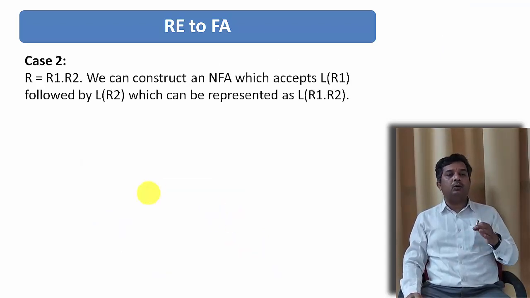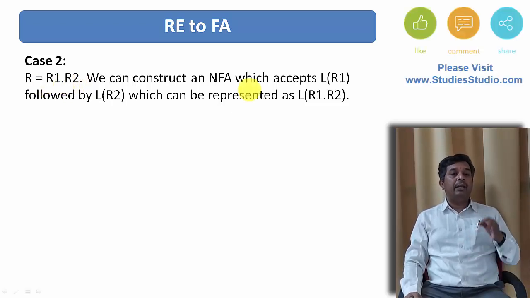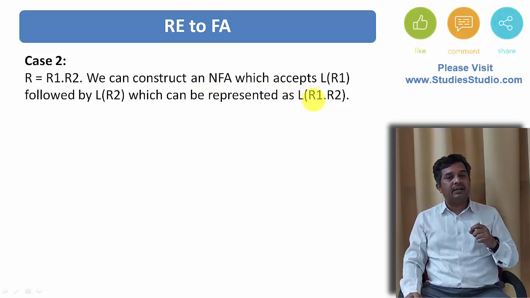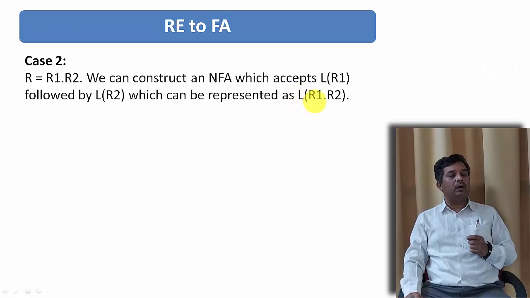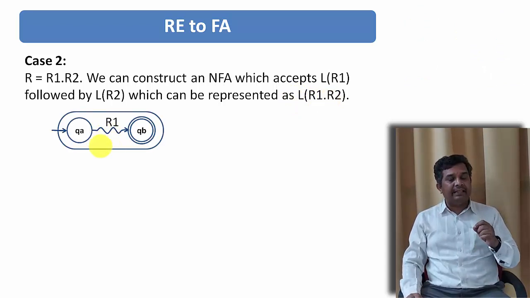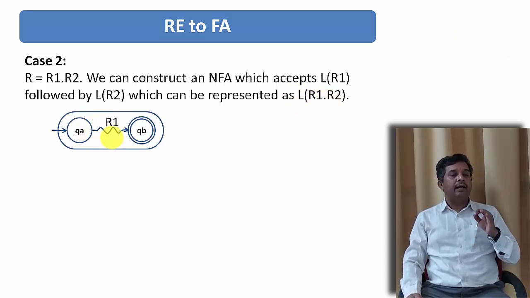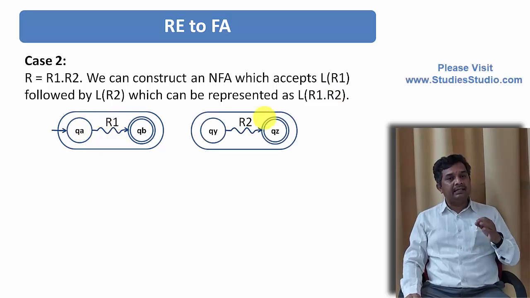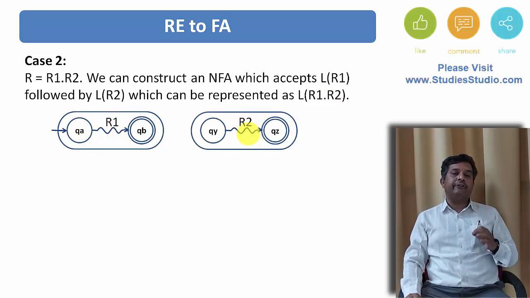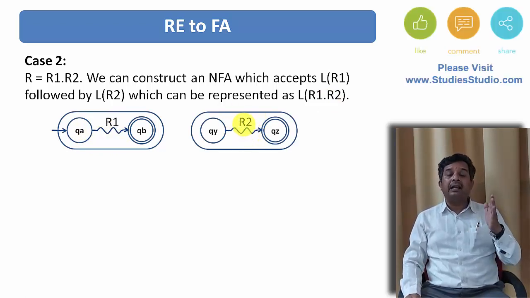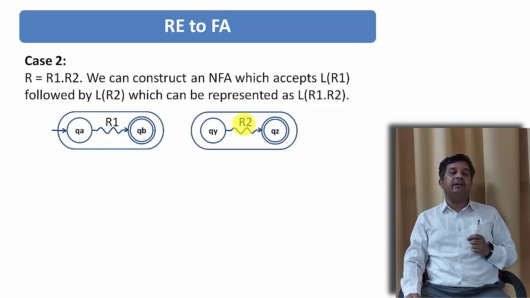Let us take case 2. If R1 and R2 are two regular expressions, I can construct R1 concatenation with R2 and the concatenated regular expression R will also be a regular expression. So it is represented in the form of L of R1 dot R2. If this is the NFA that I have constructed for expression R1 and this is the NFA constructed for R2, then I'll write one after another and give a transition.